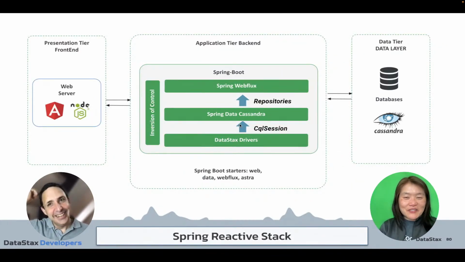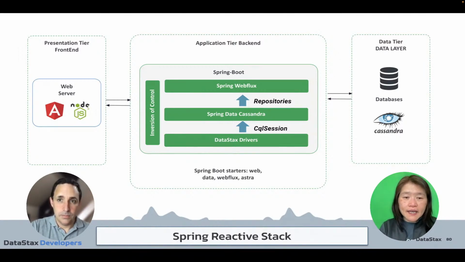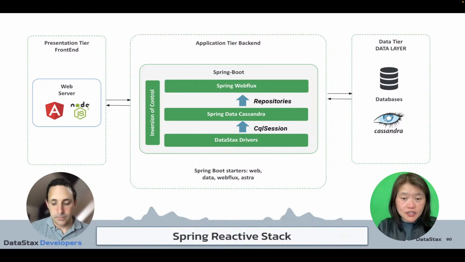And this is the Spring Reactive Stack. As you recall, I think Cedric already brought up a slide with a similar one, but this one has the reactive flavor to it. On the right side, the databases, we still have Cassandra, the data layer. In the middle tier, the application tier with the backend, you see the DataStax drivers that still make use of the CQL session. It interacts with Spring Data Cassandra in the repository, and then it goes up to Spring WebFlux.